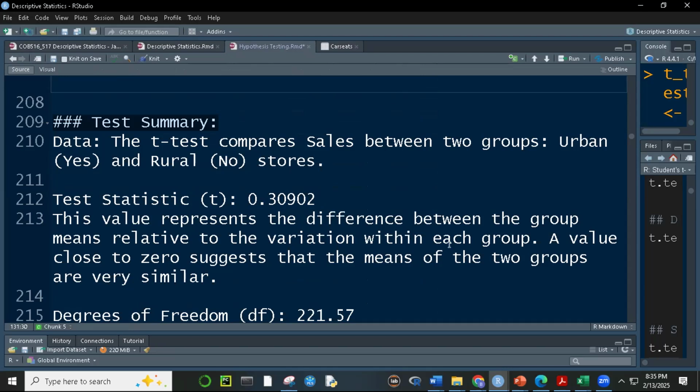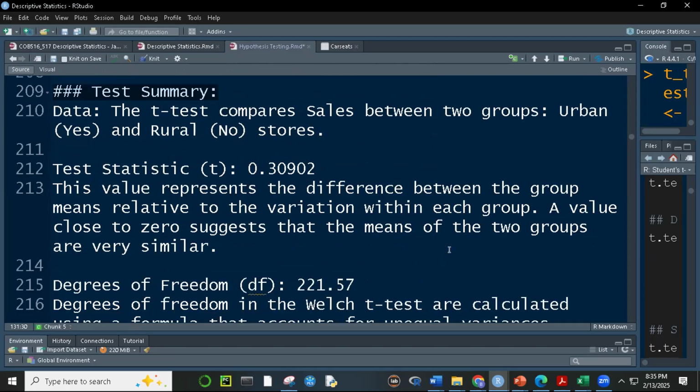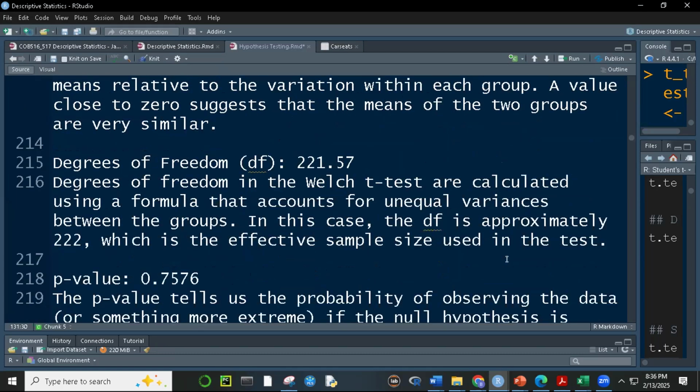This value represents the difference between the group means relative to the variation within each group. A value close to 0 suggests that the means of the two groups are very similar. So if it's very close to 0, the difference between them is relatively very small, which means that the two groups are practically the same.